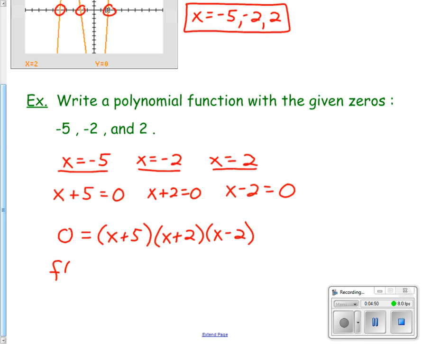So my function f of x is equal to this. And so now I'm just going to multiply it out. x plus 2 times x minus 2 is x squared minus 4, difference of two squares.